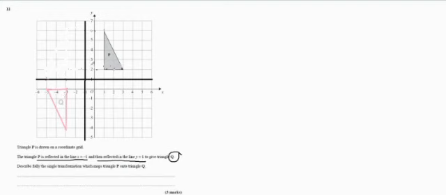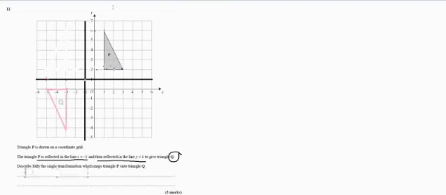And here the center of rotation is this point, and it's rotated 180 degrees.